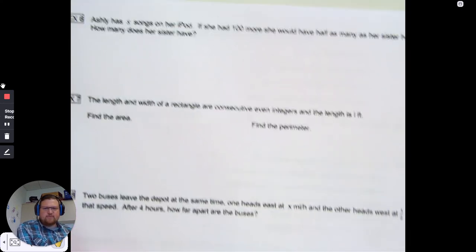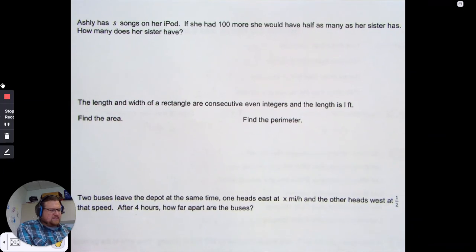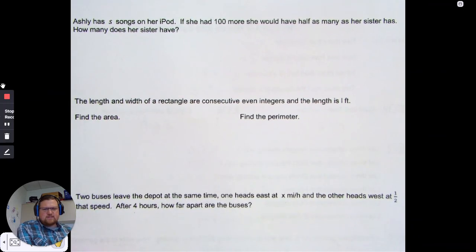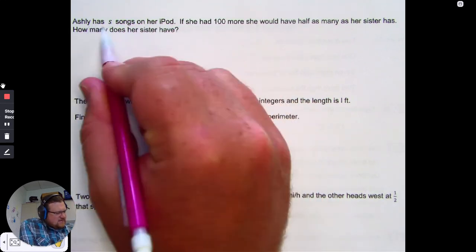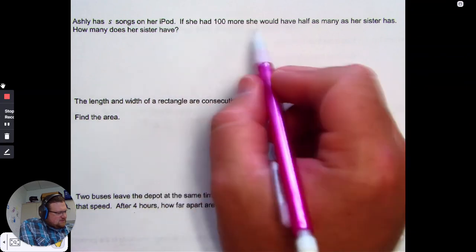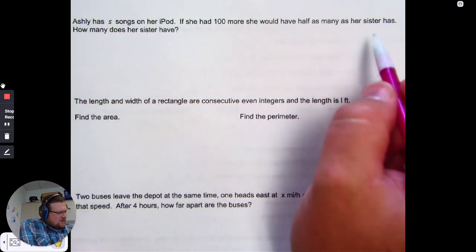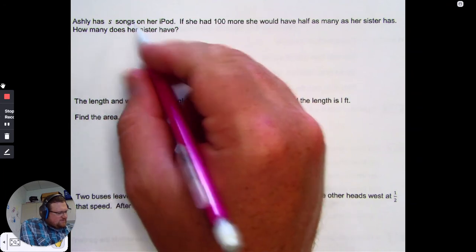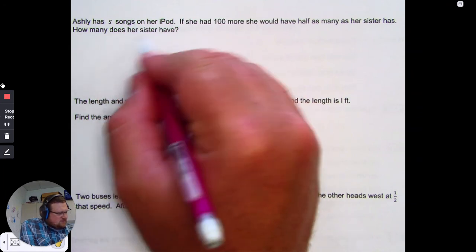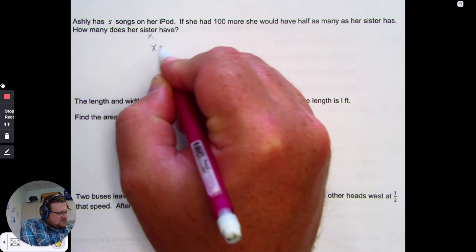Okay, if we flip over, it says Ashley has S songs on her iPod. If she had 100 more, she would have half as many as her sister. So it says she has S songs, and she'd have half as many as her sister. So how many does her sister have? Well, Ashley's sister, which we're just going to call X, right?